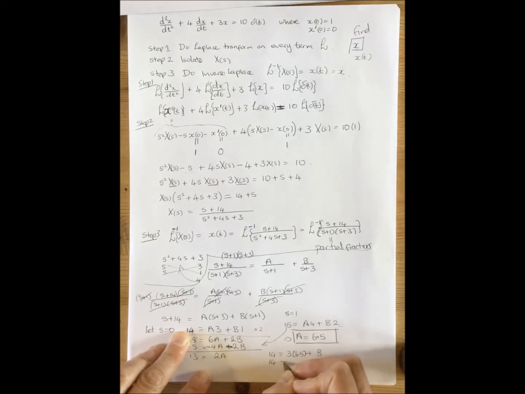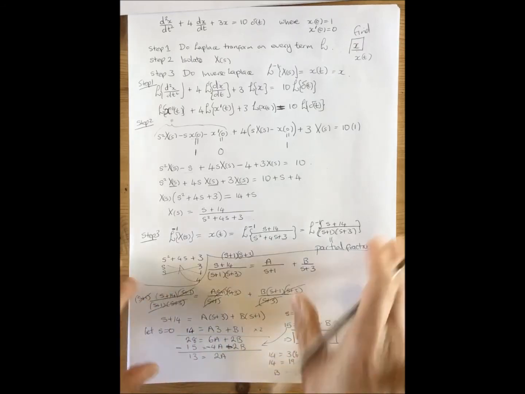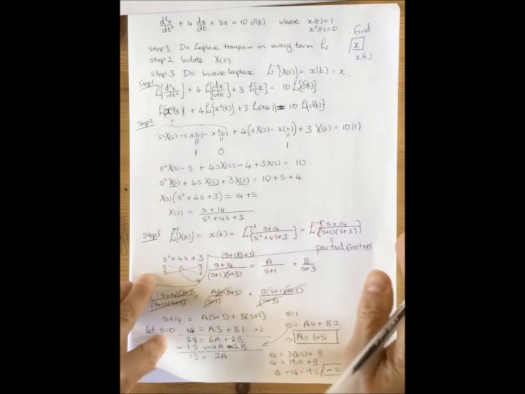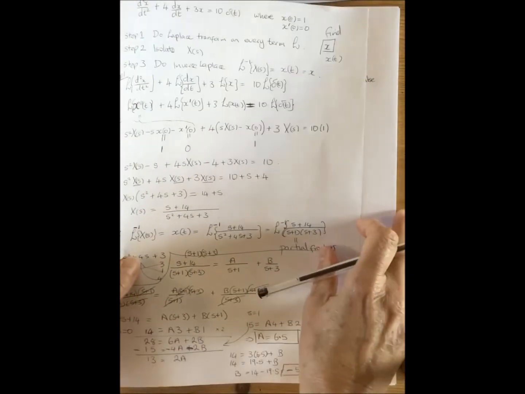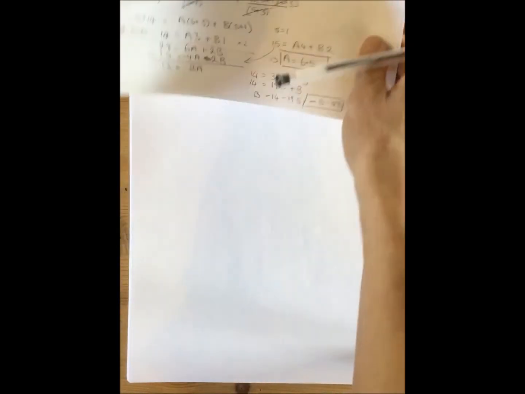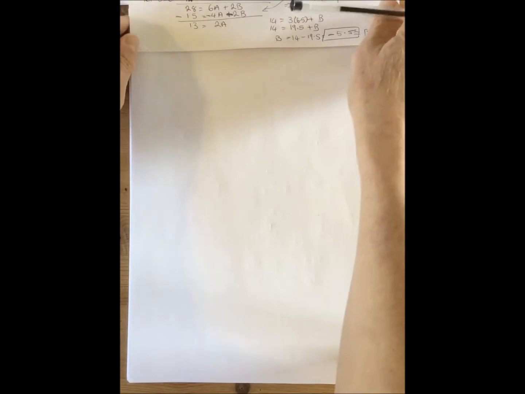So 14 equals 19.5 plus b, and that means b must equal 14 minus 19.5, which is minus 5.5. That equals b. Okay, new page. I'll move this up a bit so I can see what we have.